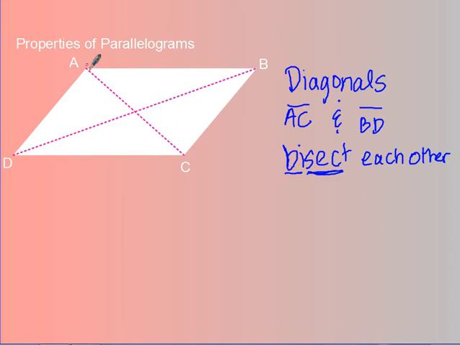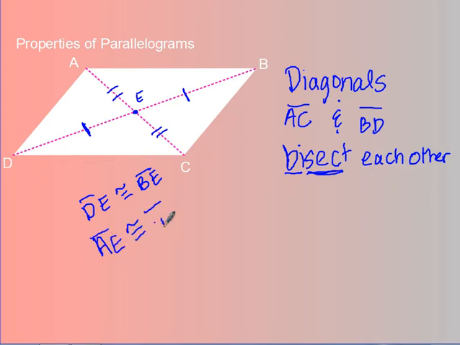So AC bisects DB, and it makes them the same length, D to the center. If I named that E, I could say that DE is congruent to BE. And also the other direction, DB bisects AC. And so I could say that AE is congruent to CE.